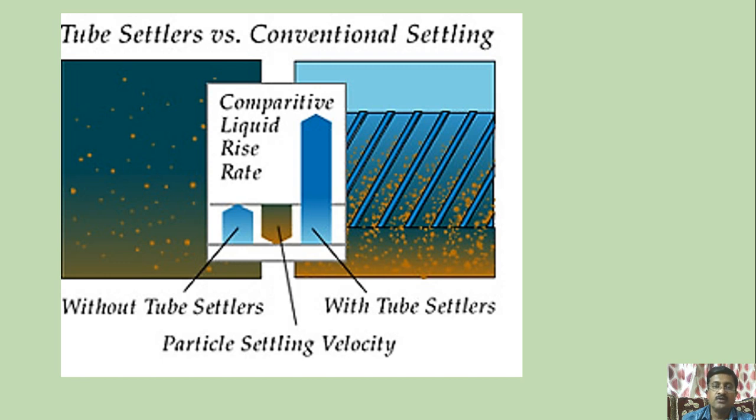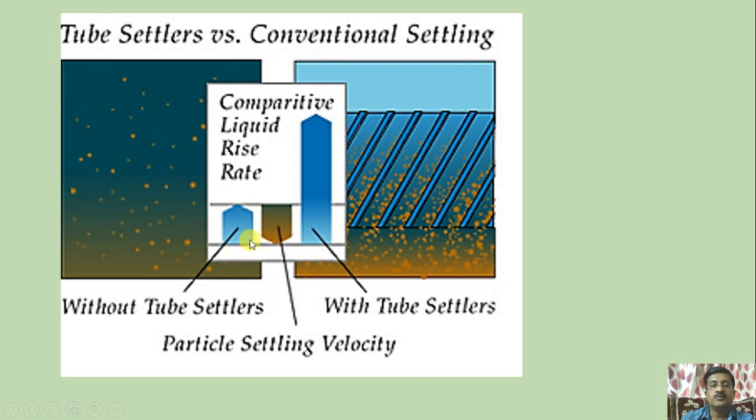Here we try to see these various particles settle down, but the rate of settling is very slow, right? So it is a problem if you are only using conventional settling, as it will take a long time to settle the particles.